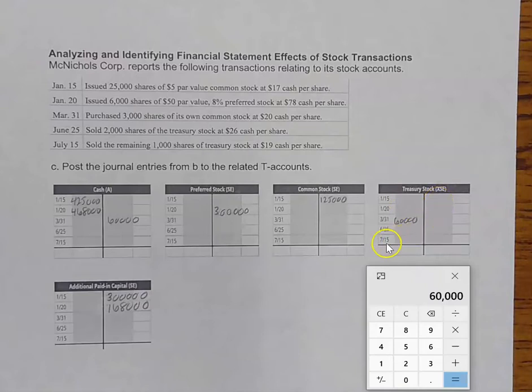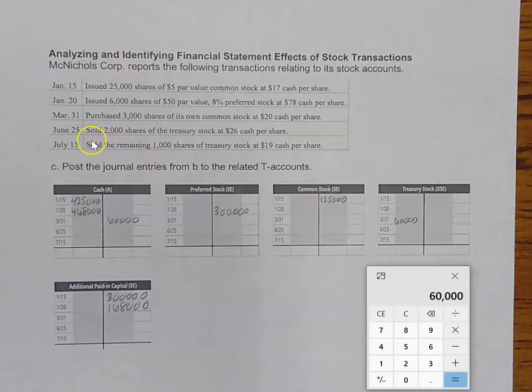Our retained earnings and our contributed capital accounts, which are preferred stock and common stock, all have credit balances. So this is flowing the other way. It's over here on the left, a contra equity account. So we got the 60,000 here and the 60,000 here, and that's all we have to do.